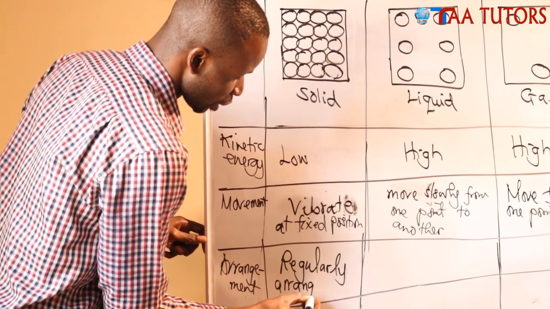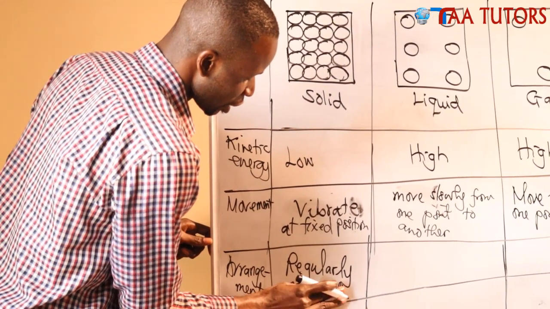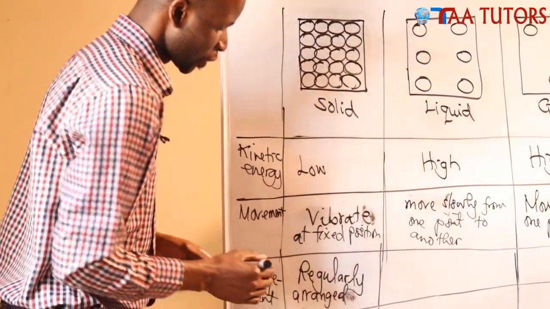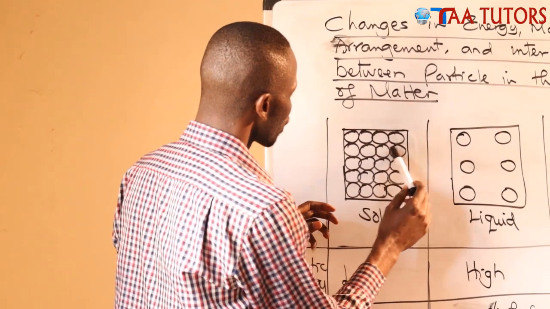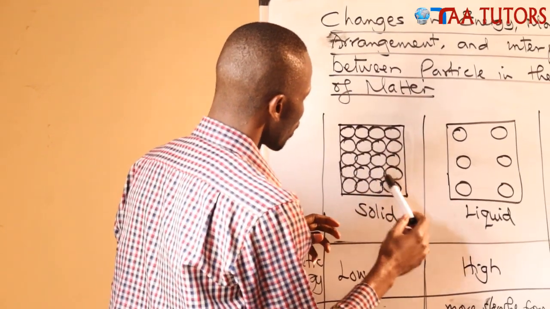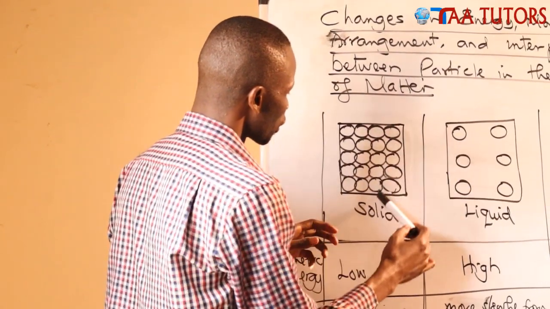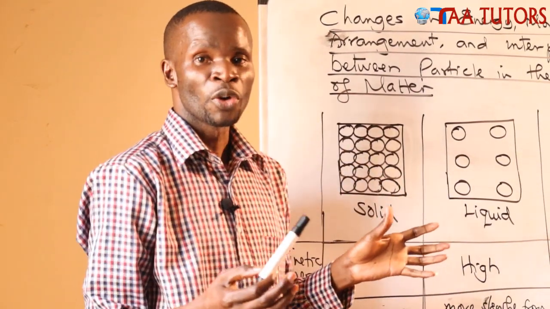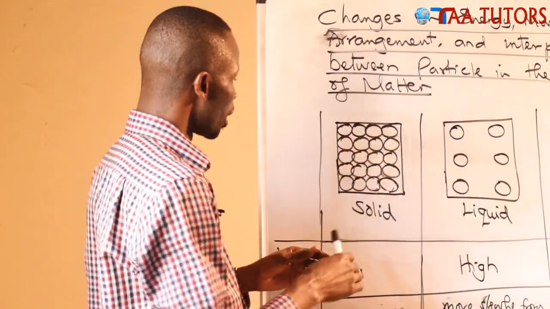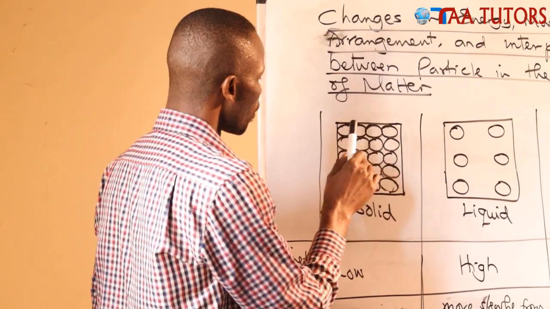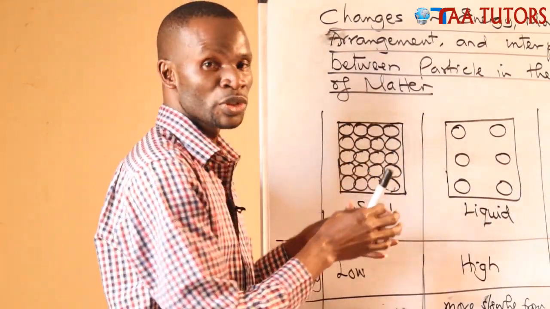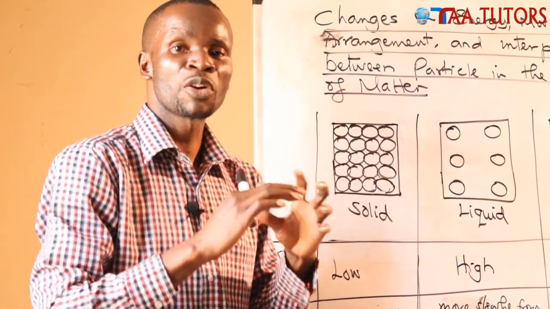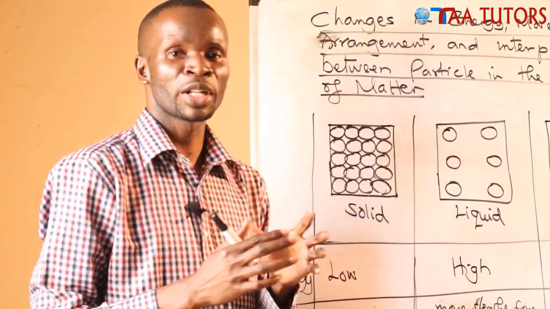What does this word mean? It means that there is a pattern. You can see that we have one row, second row, third row, fourth row, first column, second column. They are arranged in rows. We can count easily: 1, 2, 3, 4, and 1, 2, 3, 4, 5. 4 times 5, there are 20 particles in this solid state. We can count that easily because these particles are regularly arranged.